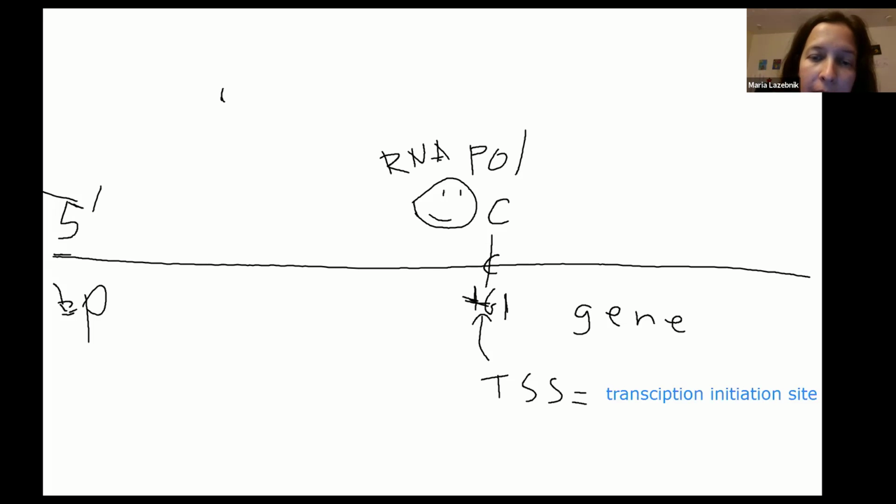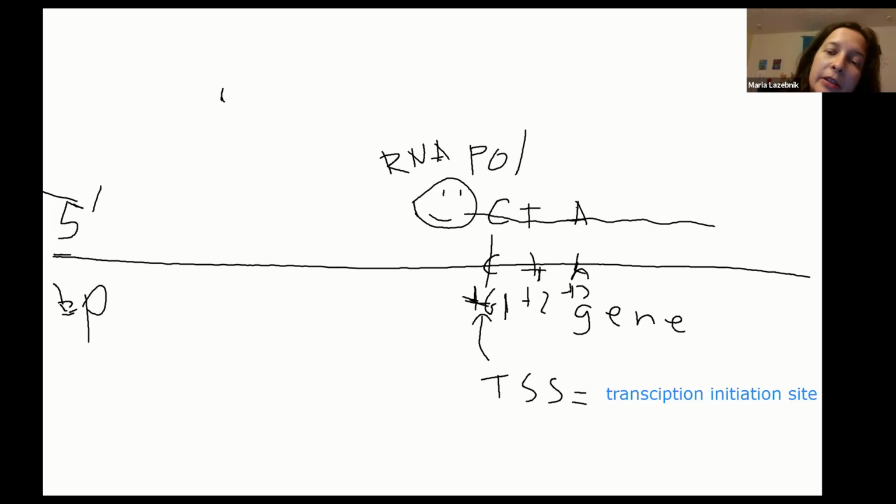So the next nucleotide is going to be +2, and suppose it's a T, so the enzyme will fill in the T, and the next one is +3, and suppose that's an A, so it fills in an A. And then it basically makes this mRNA strand.